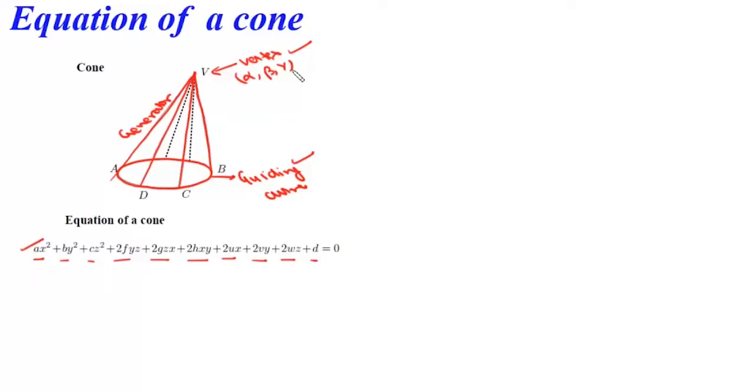So we already have this vertex, alpha, beta and gamma, and let us say the equation of this guiding curve is ax square plus 2hxy plus by square plus 2gx plus 2fy plus c equals 0, and it lies in the xy plane, z equals 0.